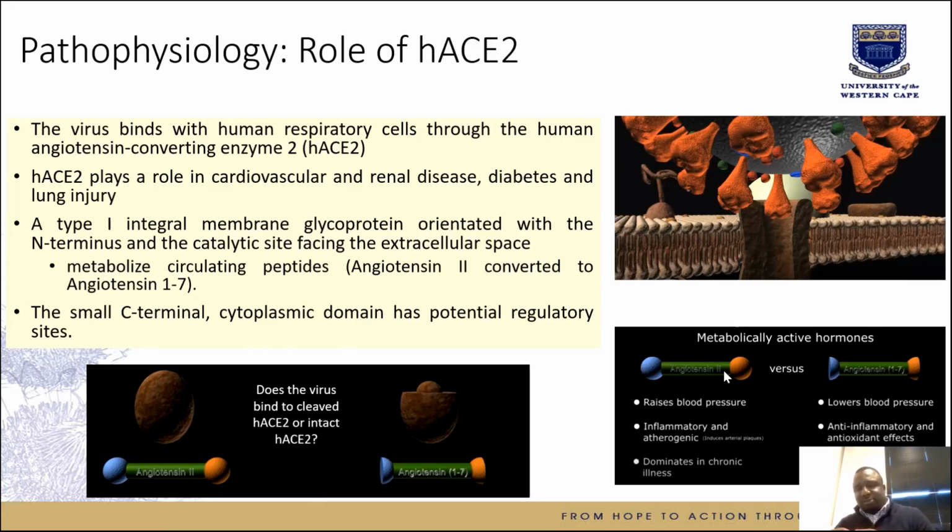But when the hACE2 catalytic site is removed, it binds to angiotensin 2 and converts it to angiotensin 1-7. Angiotensin 2 and angiotensin 1-7 have opposite effects within the body. As you can see here, one raises the blood pressure while angiotensin 1-7 lowers the blood pressure.